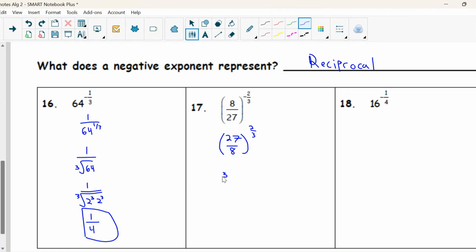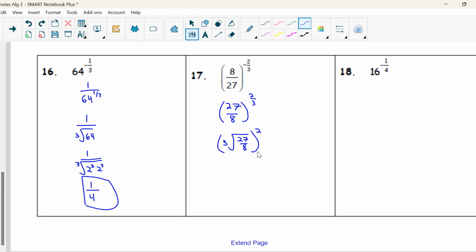So I'd rewrite this as the cube root of 27 over 8, all of that squared. The cube root of 27 is just 3. The cube root of 8 is 2. I'll square it. Remember, when you square a fraction, you square both your numerator and your denominator. So this is going to give me 3 squared, which is 9, over 2 squared, which is 4.